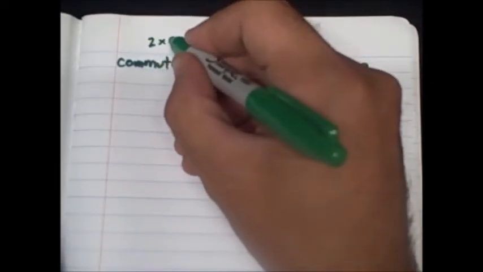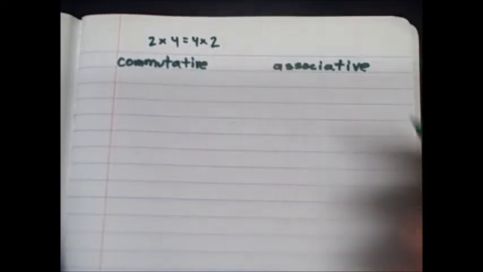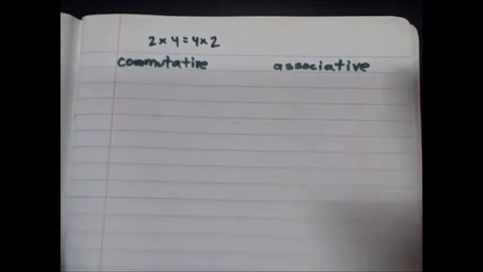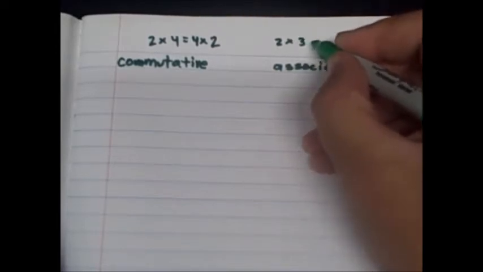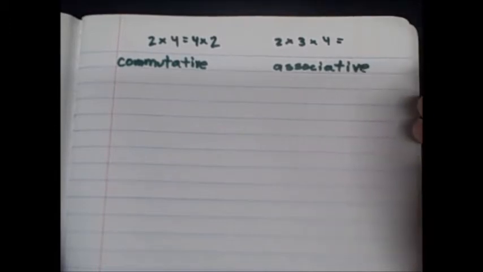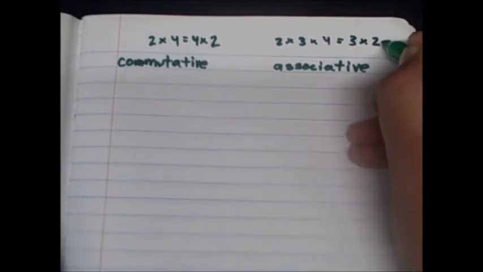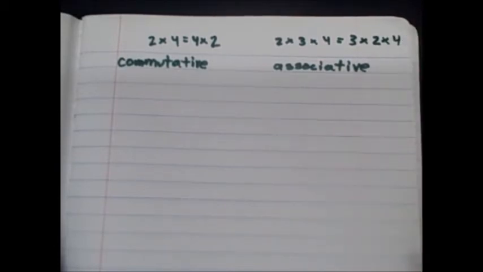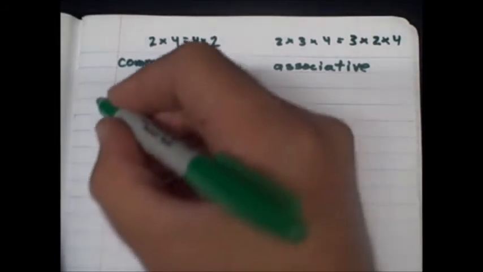So an example would be 2 times 4 would be equivalent to 4 times 2. The associative tends to be when you have more than 2 factors. So, for example, 2 times 3 times 4, and if I mix those around, I could say, well, that's equal to 3 times 2 times 4. So we're going to do some practice problems that will be using these 2 properties of multiplication.